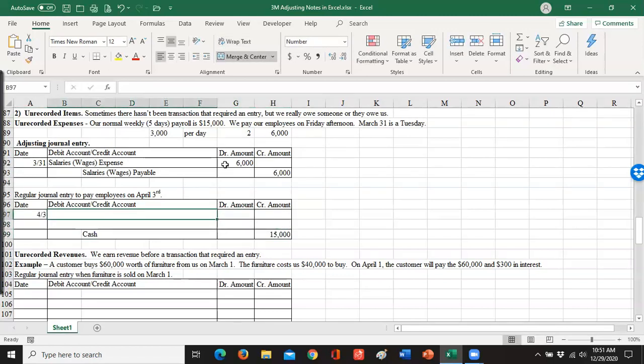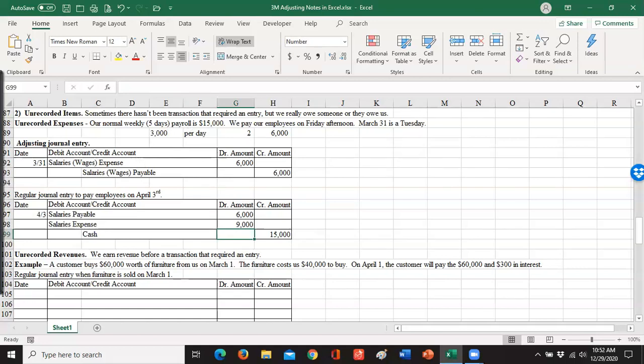But looking up here, the first thing I've got to get rid of is this salaries payable for the amount that's in there, because I already expensed that, and the rest of it needs to get expensed in this period. So 3 times 3 is 9, and that totals out to 15. So now I've got 6,000, 2 days of pay last month. I've got 3 days of pay expensed in this month, and I still paid people the right amount, and everything seems to balance.